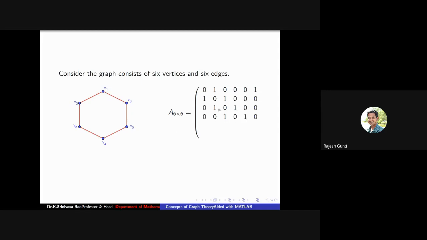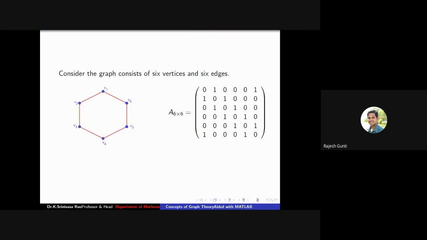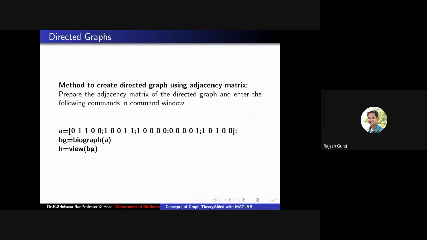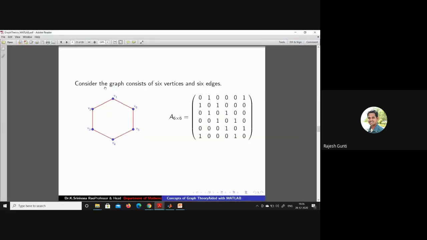Like this, if you write a matrix, this matrix is called the adjacency matrix. Using this adjacency matrix, we can write graphs in MATLAB. We can draw graphs in MATLAB.